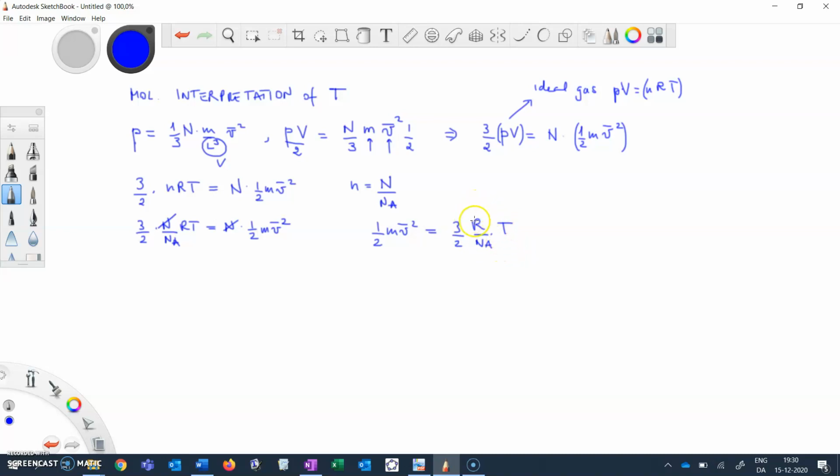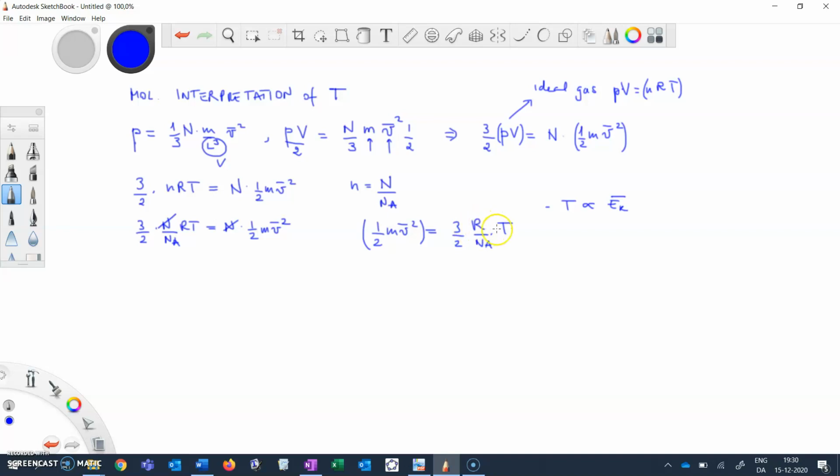So first of all, the thing that I recognize is that the temperature is clearly related to the kinetic energy of the single particle. So temperature is proportional to the kinetic energy, on average, of each particle.